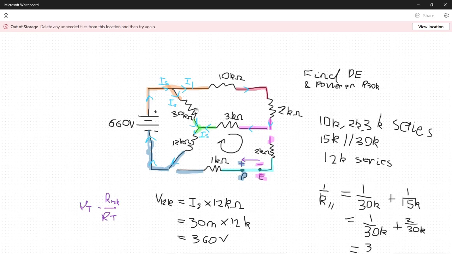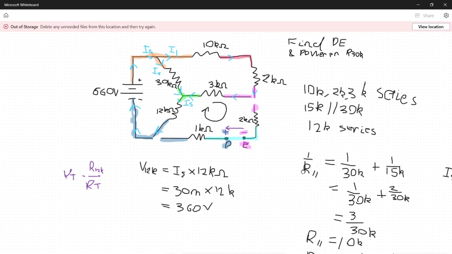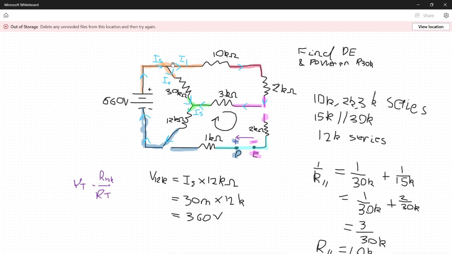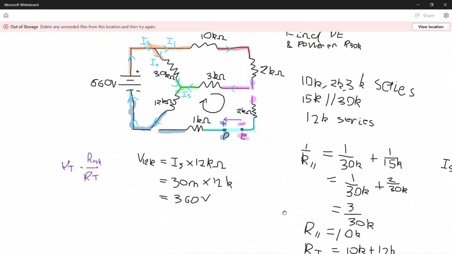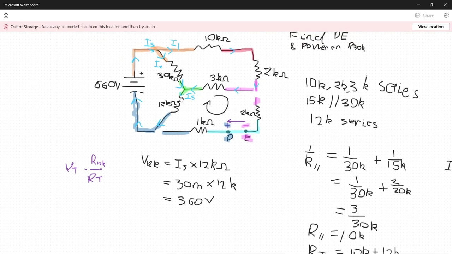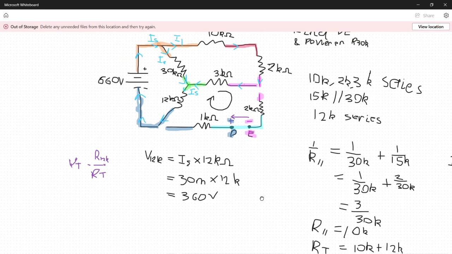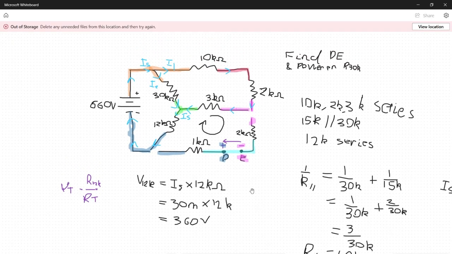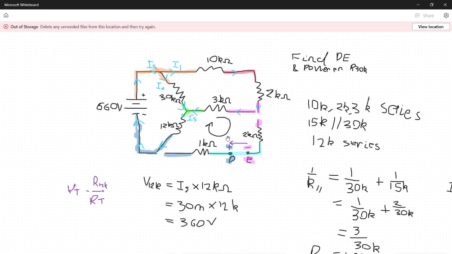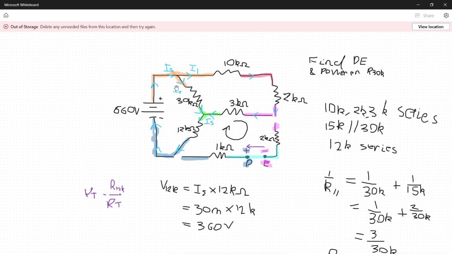The best way to get the voltage in this branch would be to just say the total current times the resistance parallel, which will give me my voltage, and then I'll do a voltage divider. You can try that way at home. The way I'm going to do this is I'm going to use Ohm's law once again. I'm going to use a current divider rule, and then I'm going to get the voltage through here.